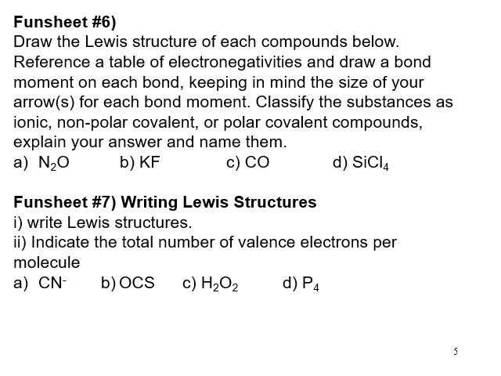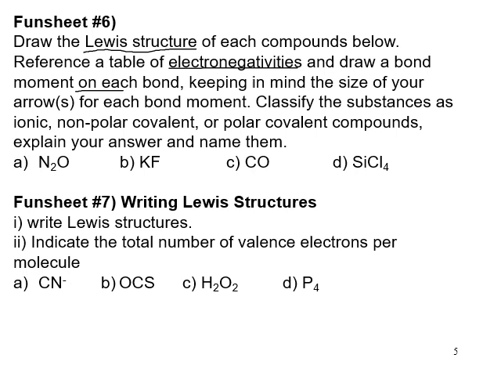Now, as far as looking at Lewis structures, which is what you're learning about here, Lewis structures, like we've talked about before in this chapter, give you an idea of how they're put together and in what order the elements are in the compound. And in this fun sheet question, the goal is to draw a Lewis structure for each of the compounds and then look at their electronegativities and draw a bond moment on each bond.